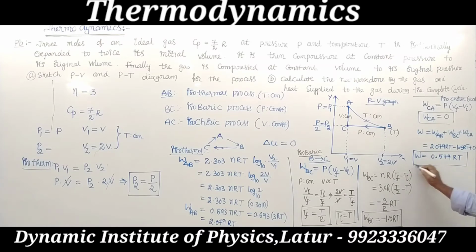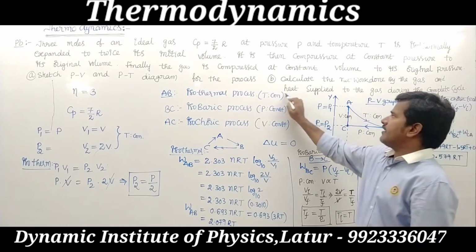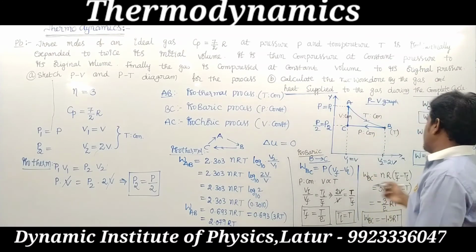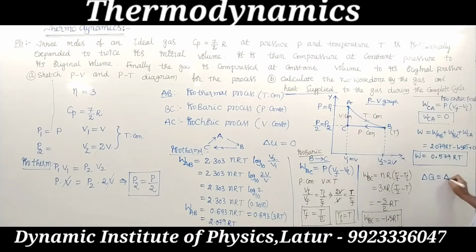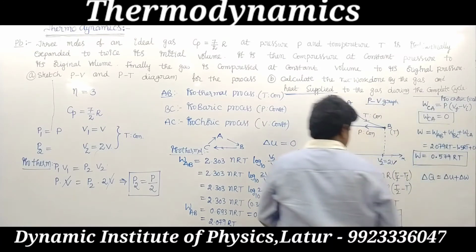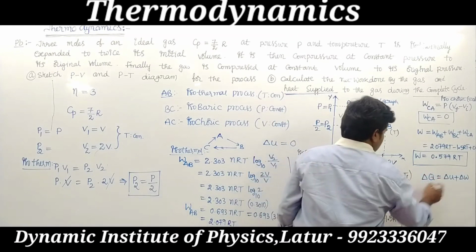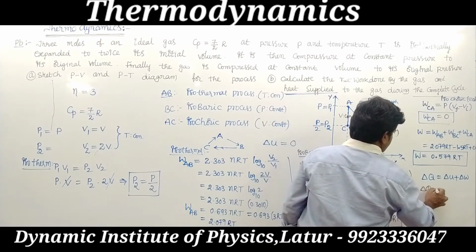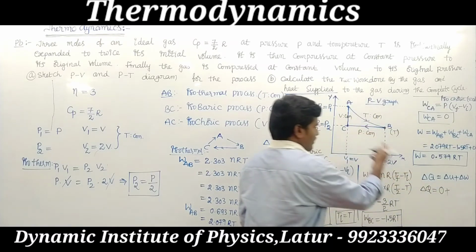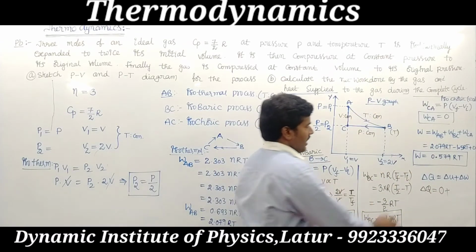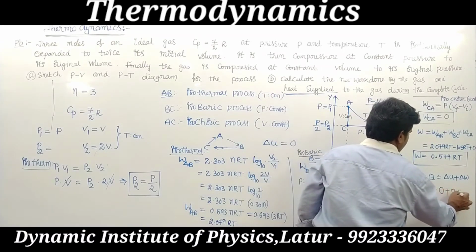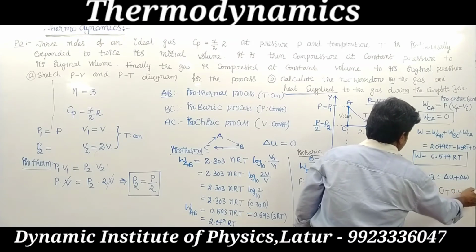Now for the total heat supplied: delta Q equals delta U plus delta W. In a cyclic process the internal energy change is 0 and the work done is 0.579 RT.